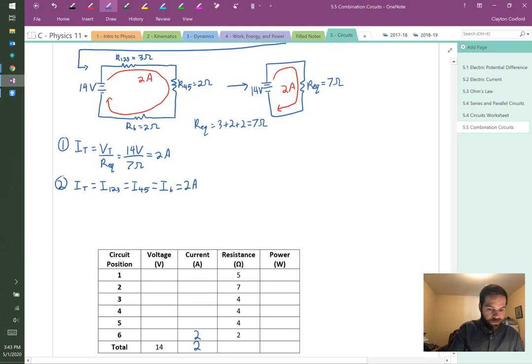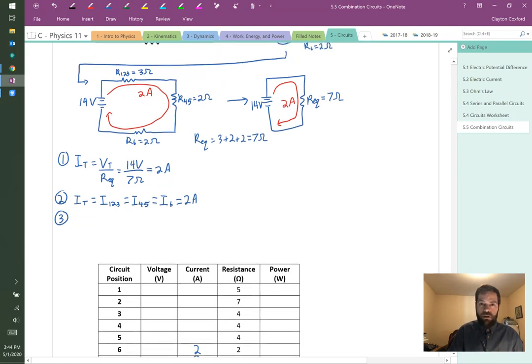Now, what we're going to do, because we know the current through resistor 4, 5, let's figure out the voltage drop across resistor 4, 5. And that's using Ohm's law. It's going to be the current through 4, 5 times the resistance of 4, 5.